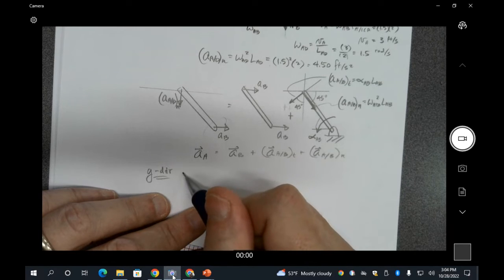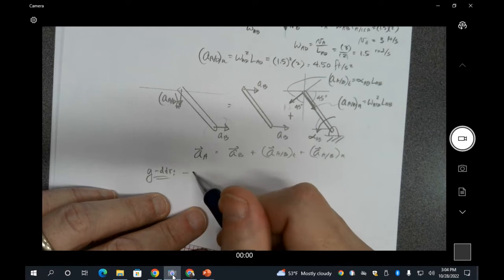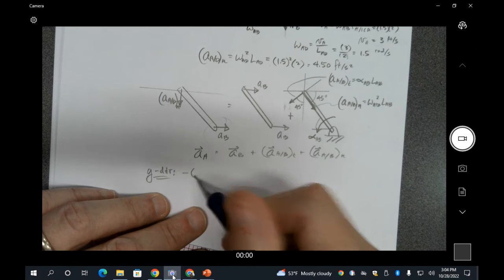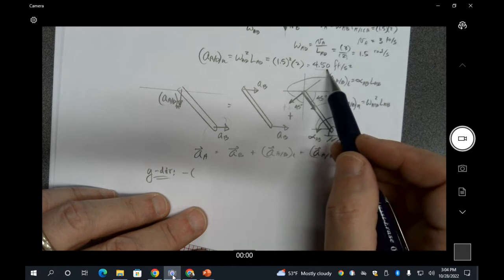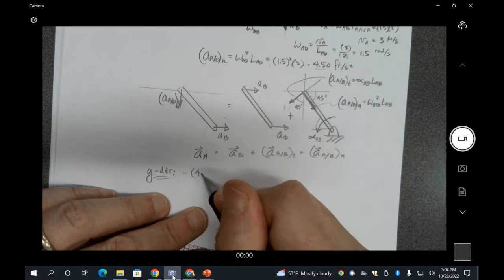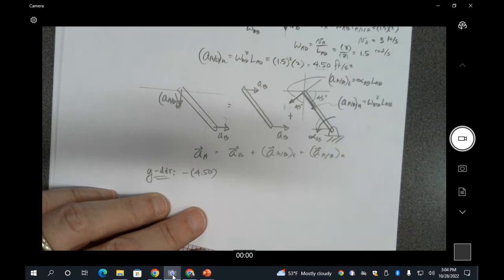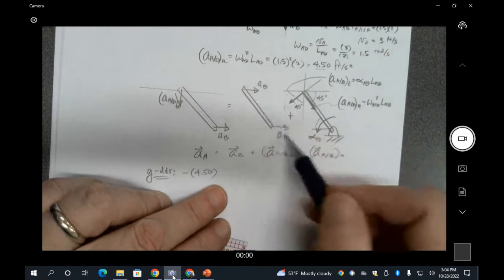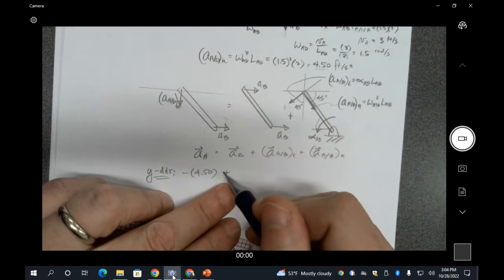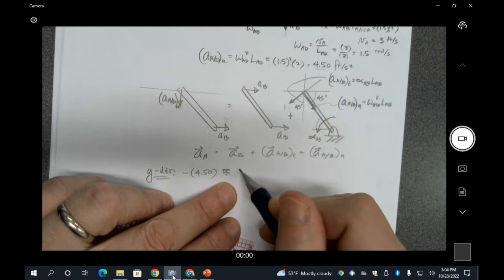So we take negative as drawn. That is going to be that 4.5, right? Negative 4.5. Acceleration of B doesn't play any role in that. Whoop, it's supposed to be an equals.